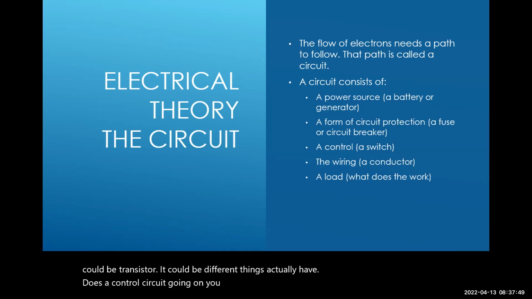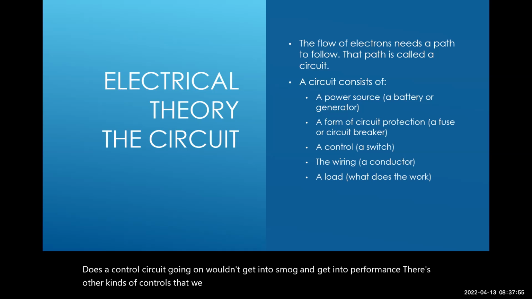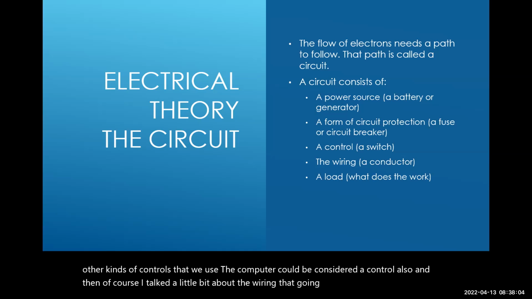When we get into smog and engine performance, there are other kinds of controls that we use. The computer could be considered a control also. And then, of course, there's the wiring, and all this is what we have to have in a circuit.